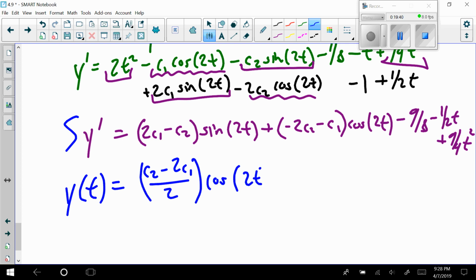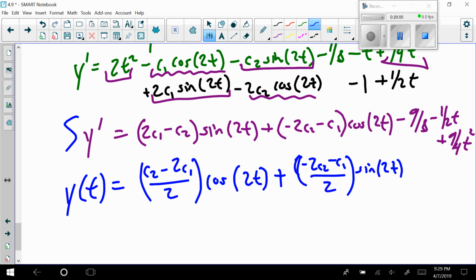So that's why I had to turn that around. It would get another 2, so I have to multiply that in. I don't think that's terrible. Of course, you're welcome to pause the video and make sure you understand that. Then I have plus a negative 2 c sub 2 minus c sub 1 divided by 2, and that would be the sine of 2t.